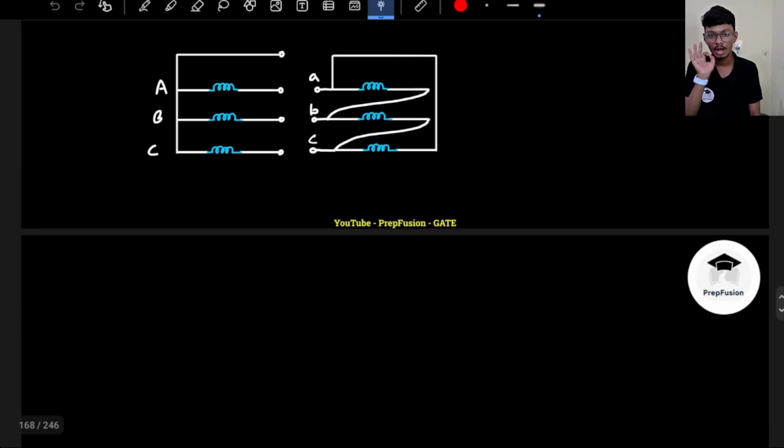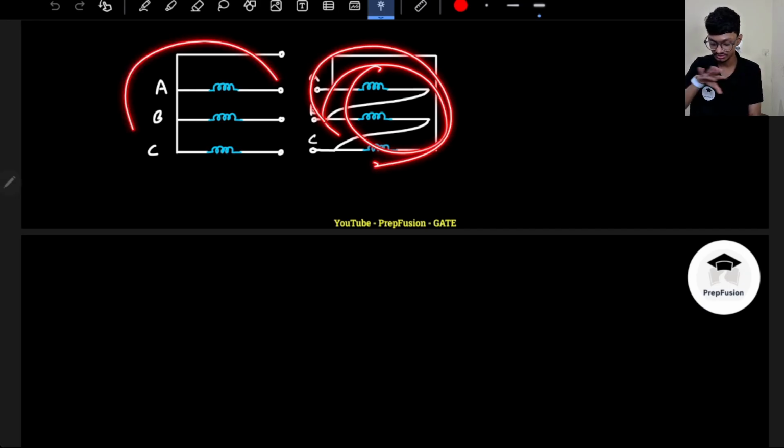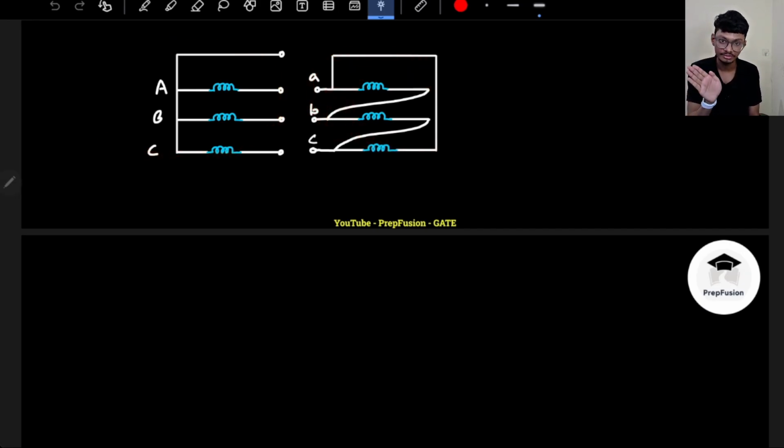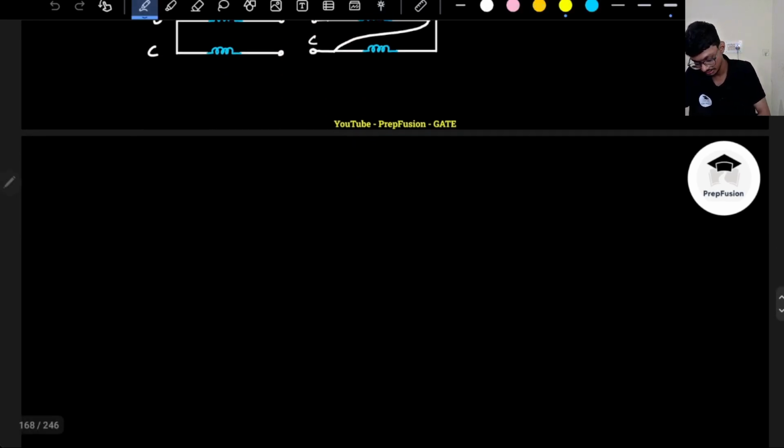By default, you'll assume the output terminals to be the dot, and for the primary, the input terminals to be the dot.